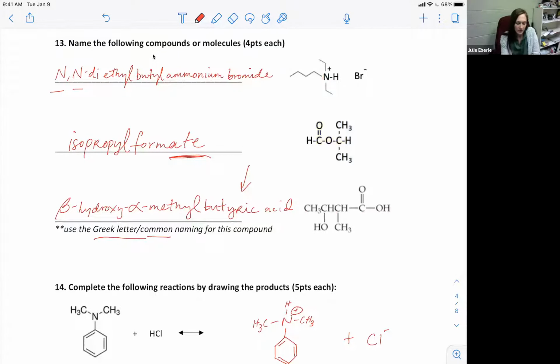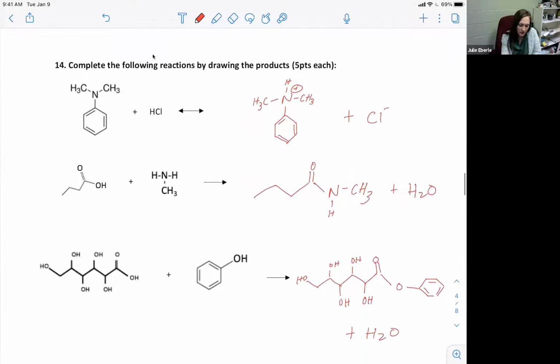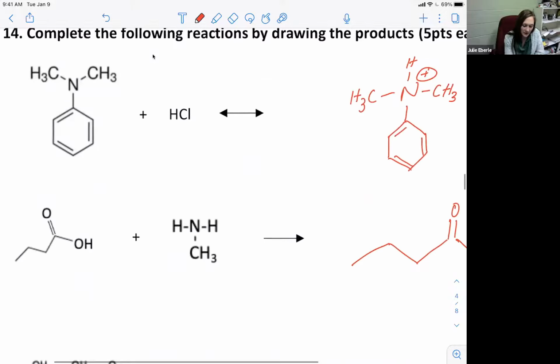All right. A few questions left. Number 14. This one is 5 points each, so there were a lot of points available here. In the first problem, you have an amine and an acid. So this technically is acting like your base. We said amines have lone pairs, so they act like bases.